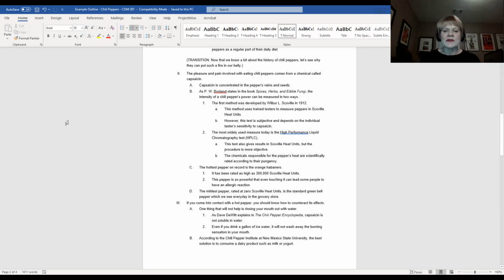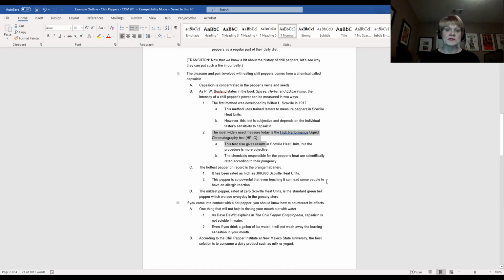Even when we're talking about this method, it uses trained testers to measure peppers in Scoville heat units, but this test is subjective. That's all about how we measure the intensity of a chili pepper. So we go from the main point to a subpoint, to a subpoint, and then to another subpoint. Then we go back to our subpoint again.